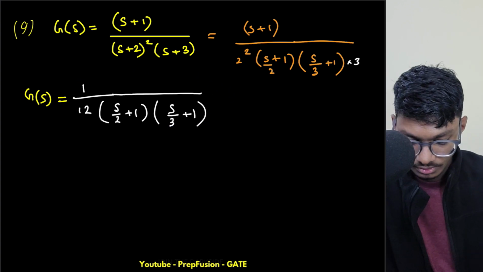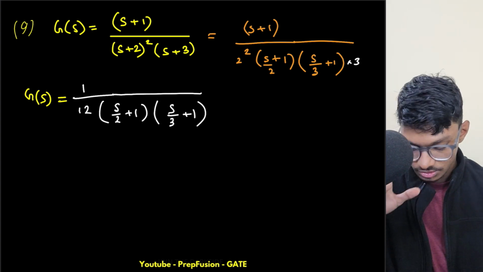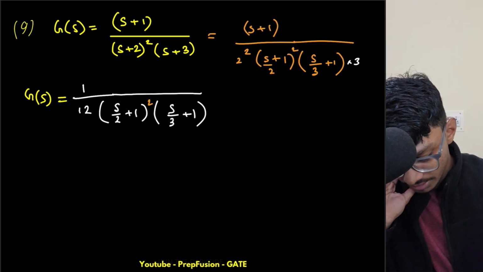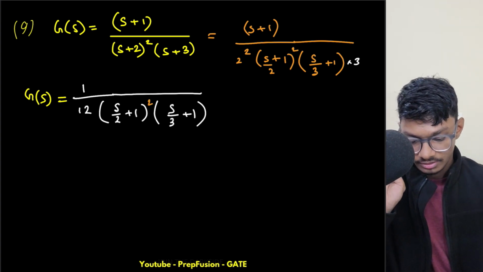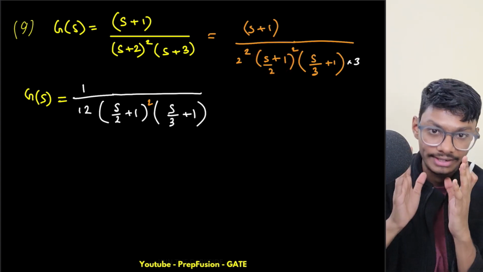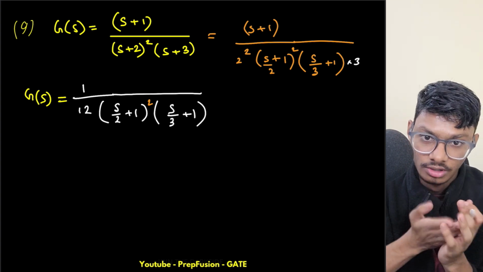Now can you plot the Bode plot for this one? Sorry, this is square also. One thing to note here is what is happening to the slope. Due to this one, I'm getting minus 40 dB per decade. As I told, if I have 2 repeated poles, I will get minus 40 dB per decade.